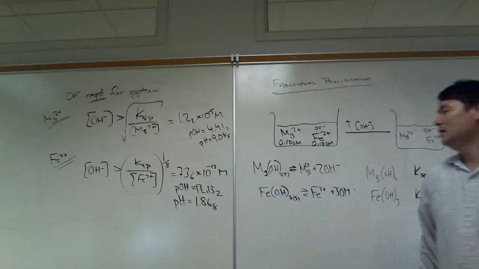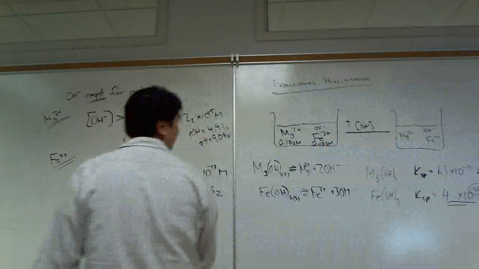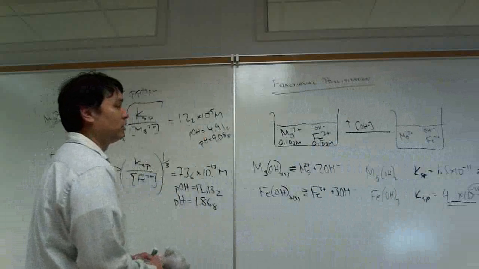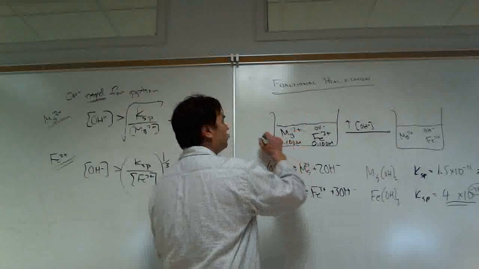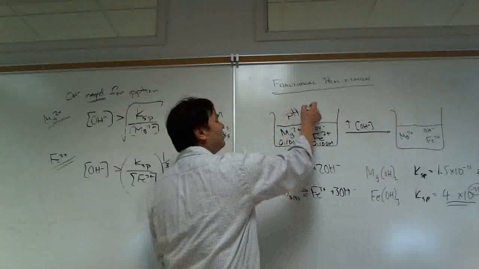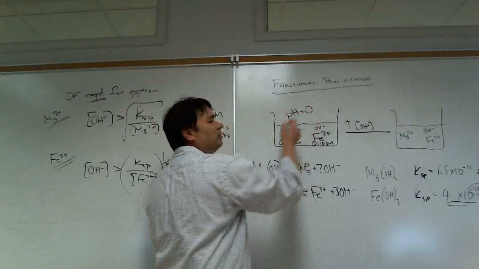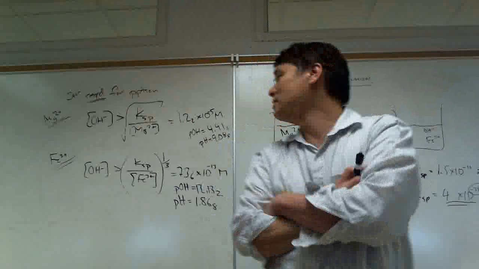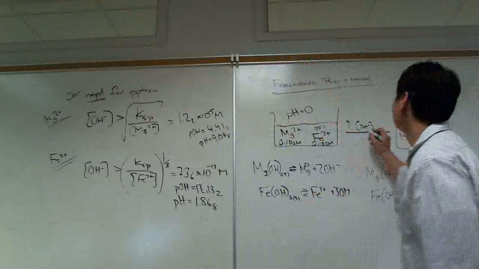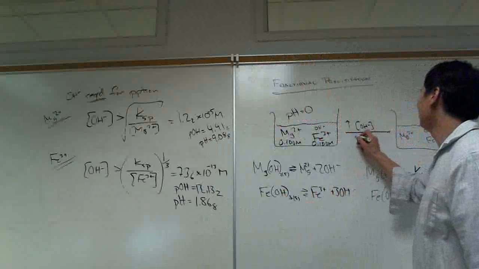And so for sure, iron 3 is going to precipitate out first. What we need to do is maintain a very low pH. Let's start off at pH 0. If we start off at pH 0, is anything going to precipitate? No, because it's unsaturated. Then we increase the pH.